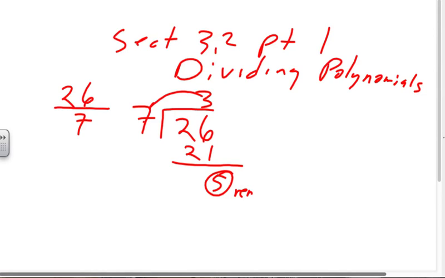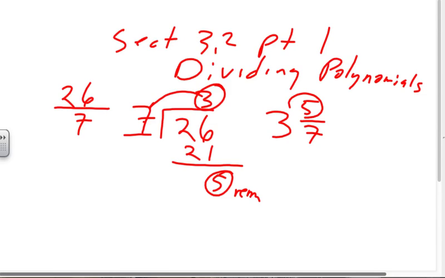This is my remainder. So 26 divided by 7 is going to be 3, which is what I got up here, and 5 sevenths, which is my remainder over the denominator that I had.